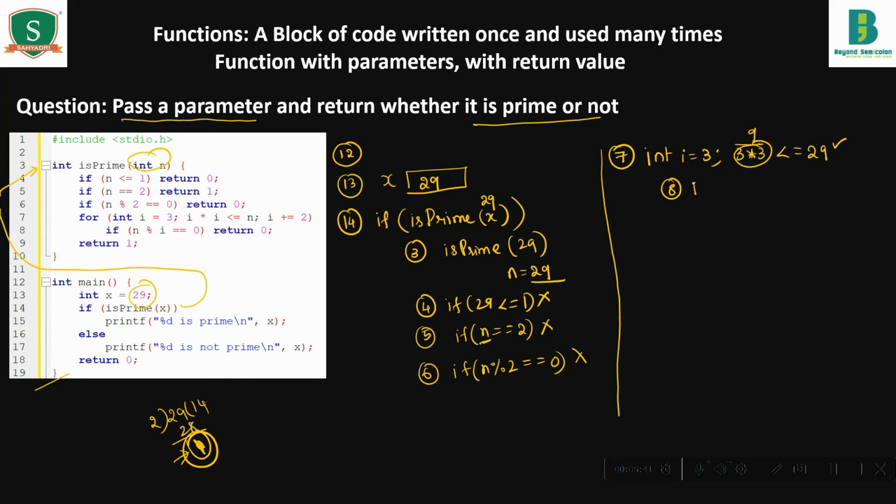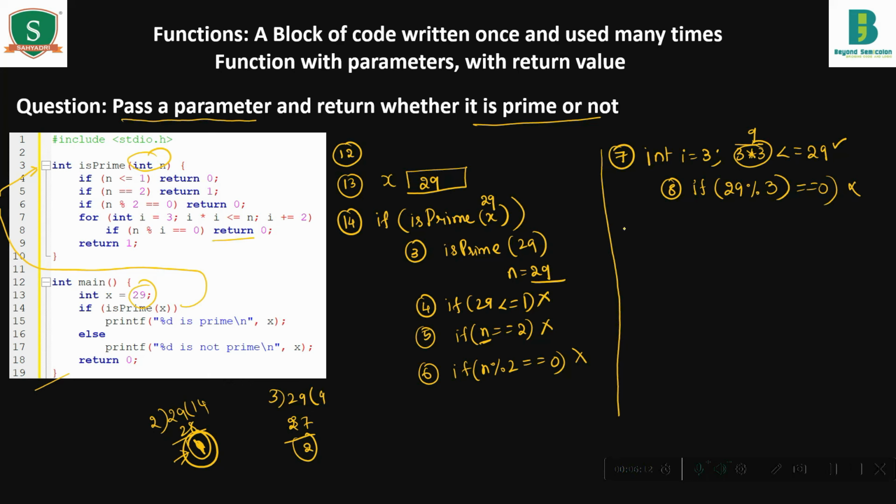In the 8th statement, it is 29 modulo i, where i value is 3, is equal to 0. It checks the condition 29 divided by 3. If you observe here, 3 nines are 27 and 2 is the remainder, which is not equal to 0. So the condition failed. Then it does not enter inside.